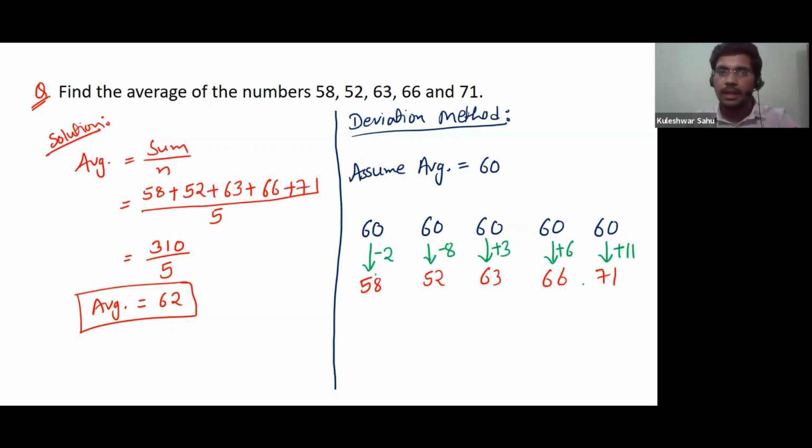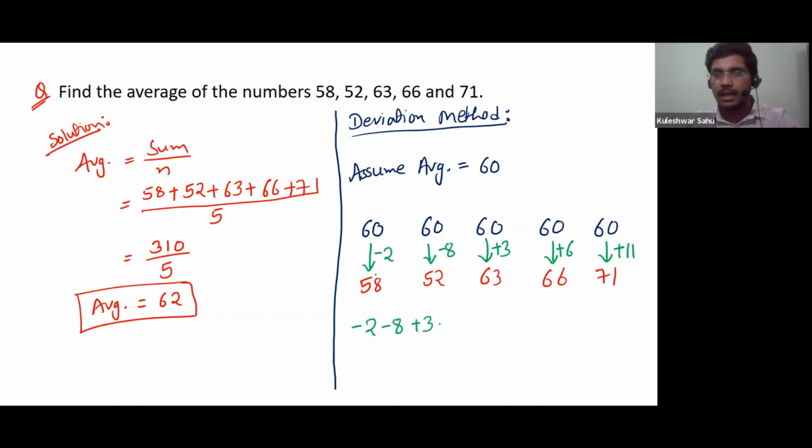What we are going to do, instead of adding the bigger numbers like 58, 52, 63, 66, and 71, is add the deviations, because after distributing 60 equally among 5 members, these are the deviations which are extra. So I'm going to add all the deviations.